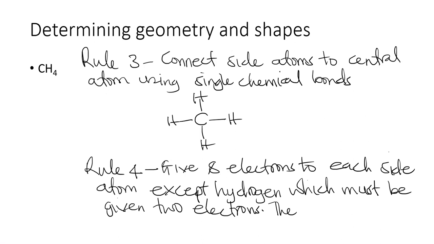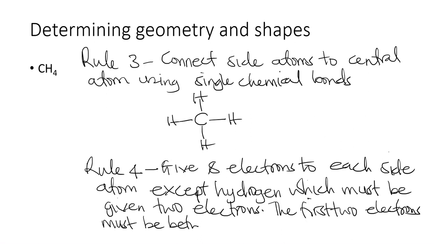So the first 2 electrons must be between central and side atom. So that's rule number 4. You give 8 electrons to each side atom except hydrogen, which must be given 2 electrons.